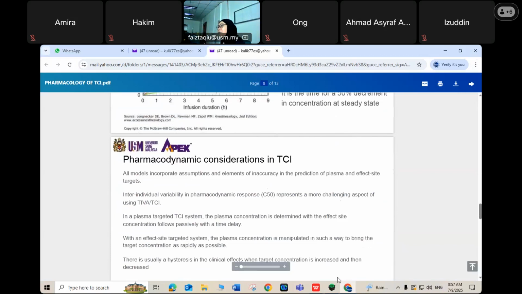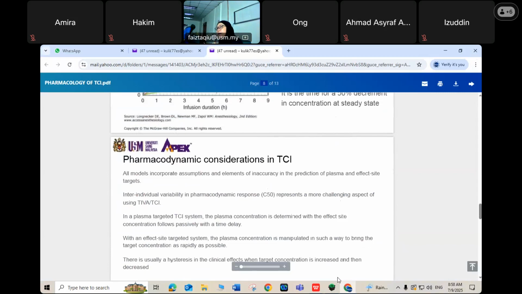So memang that's the more challenging lah, unless we can find a truly very good machine that can predict to the nearest standard deviation, that this much not different lah, maybe about 5% je kot, between this. This is the dose that can knock the patient out. Okay, so that is the C50. Okay, all right. So that is also the disadvantage of TCI.